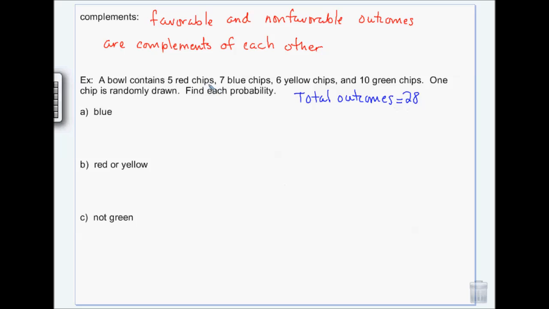Okay. Blue chips. 7 blue. So there's 7 possible blue out of 28 total. 7 and 28 will both reduce by 7. So my odds are 1 in 4. Or sorry, not my odds. My probability is 1/4.